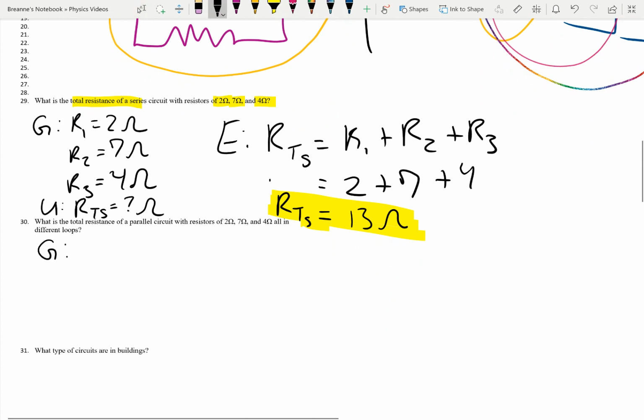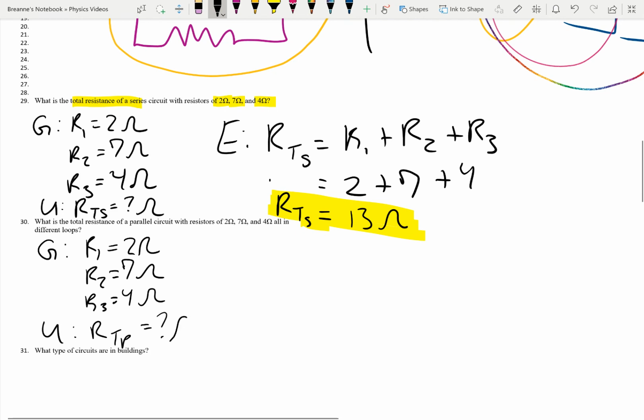There we go. So now for a parallel. Again, givens, exact same givens. R1 is going to be 2 ohms. R2 is going to be 7 ohms. R3 is going to be 4 ohms. Our unknown is going to be our total in parallel, and that is also going to be ohms. But our equation is going to be a little different. That's when we're going to do 1 over our total equals 1 over R1 plus 1 over R2 plus 1 over R3.